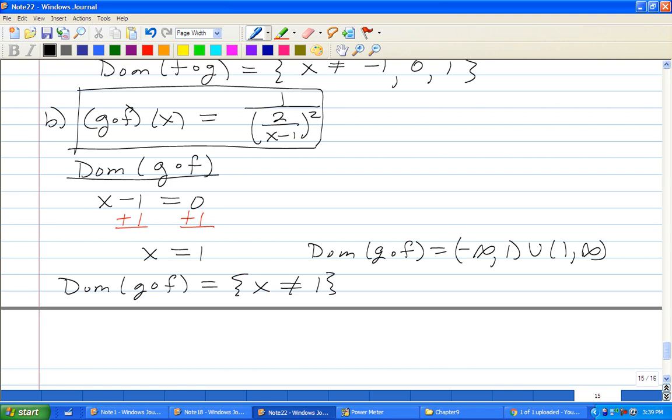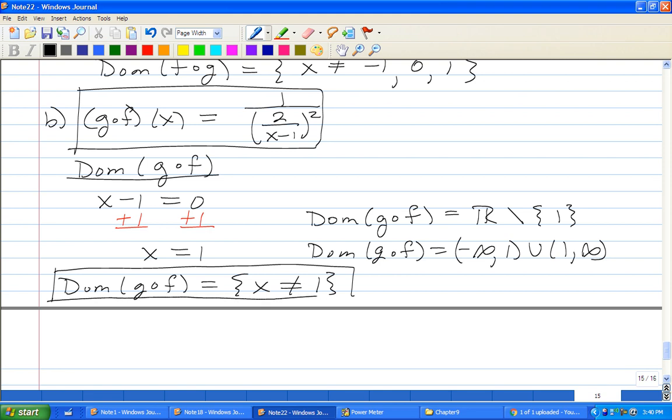So it's all real numbers except for 1. Oh, we could also say that it is all real numbers except for the singleton 1. That's also another way to write the answer. I will be lazy and just write the answer this way.